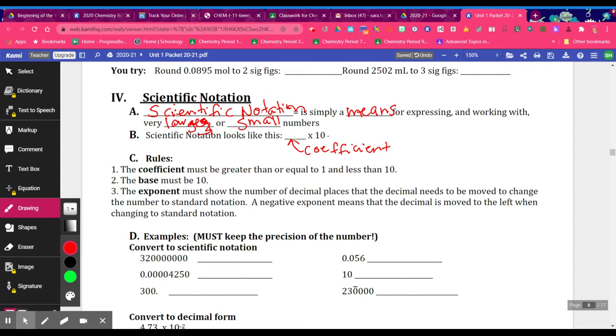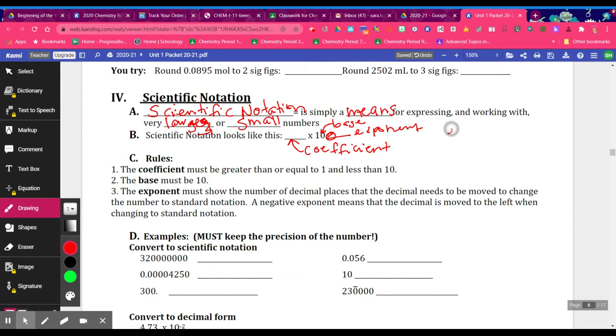It could have a decimal and then some numbers following it, but there's only ever one number out in front of the decimal. Left of the decimal, you'll only ever have one number there. Then you're going to have a times sign, and then a base of 10, and right there as an exponent, you're going to have some number.